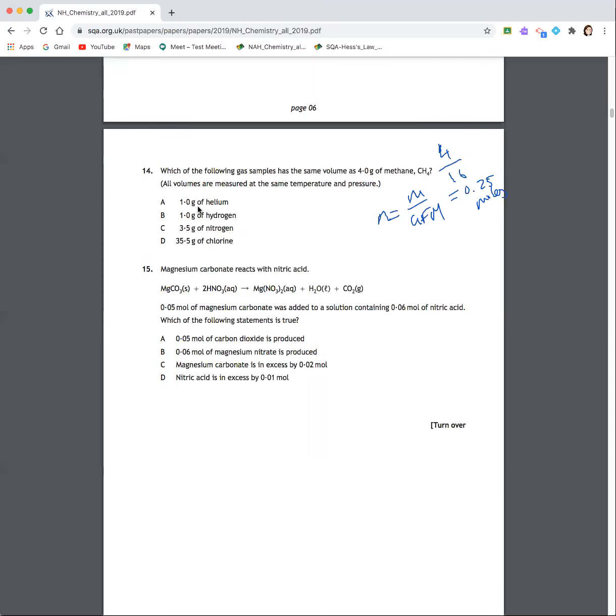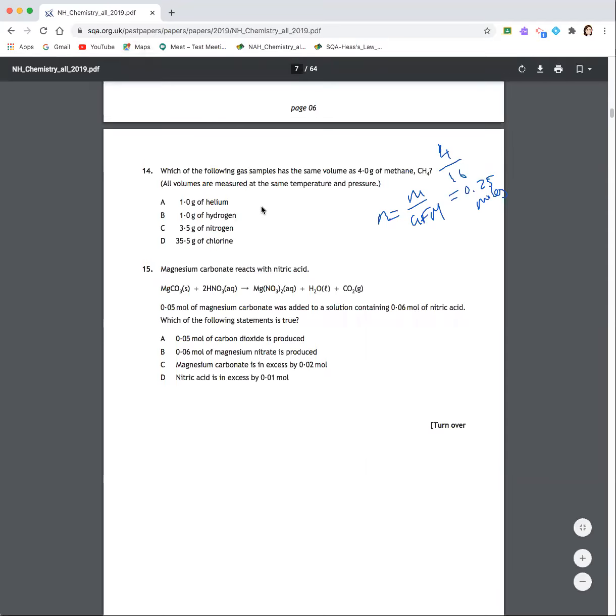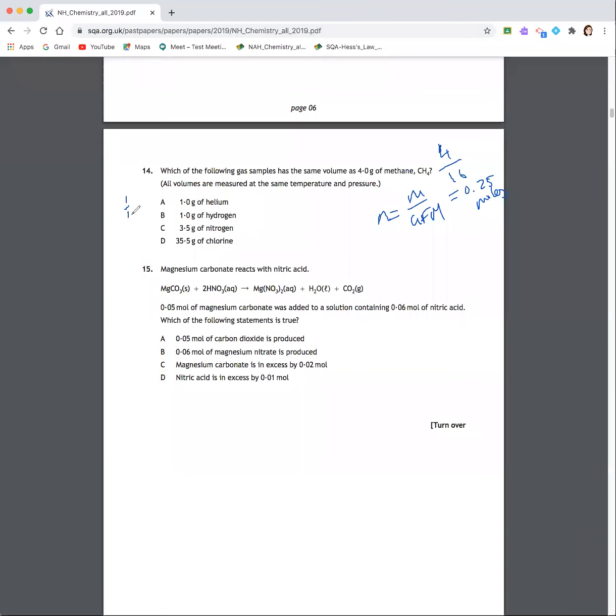So the mass of helium, you get from your gram formula mass page in the data booklet. Helium has a mass of 4. So for the moles of this, you've got 1 divided by 4, which is going to give us 0.25, so that's most likely our answer. For hydrogen, just remember hydrogen's diatomic, so for the moles of hydrogen, it would be 1 over 2, so that would be 0.5.